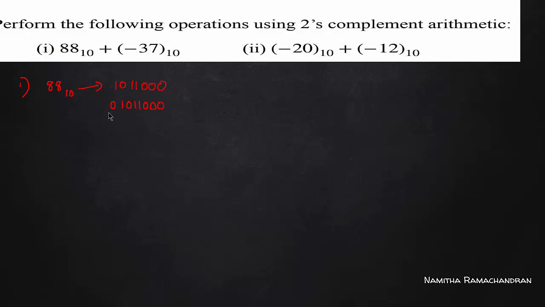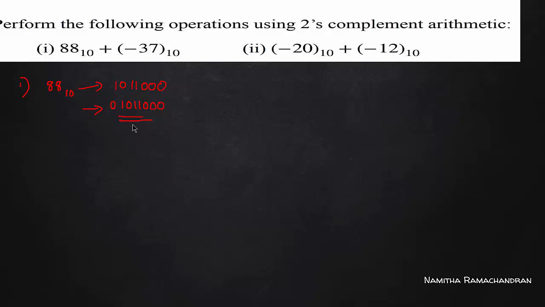So this is the signed magnitude representation corresponding to positive 88, and the same will form the 1's complement representation for positive 88, and also the same will form the 2's complement representation for positive 88. This is the property of positive numbers.